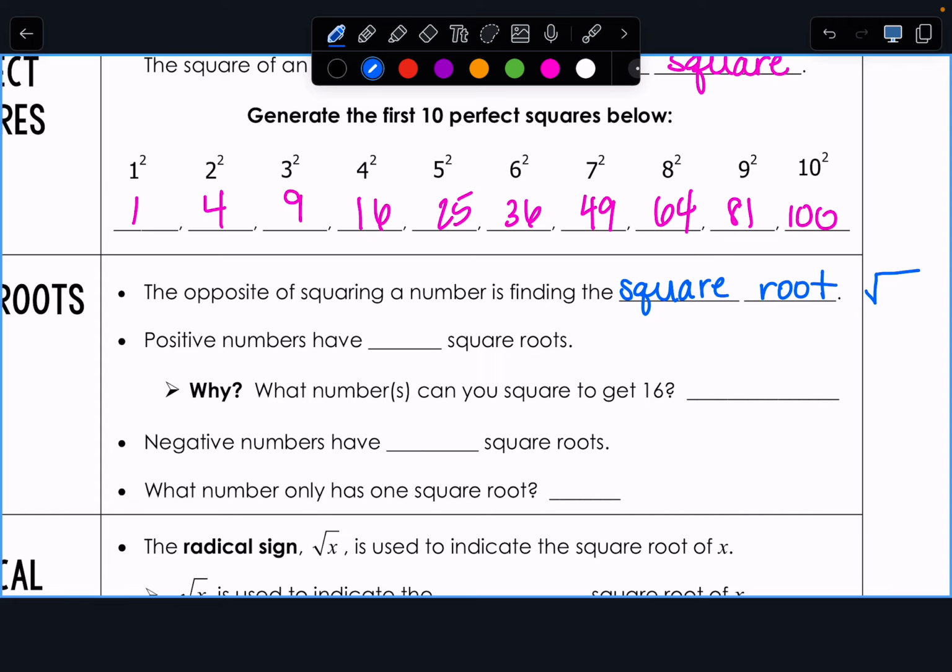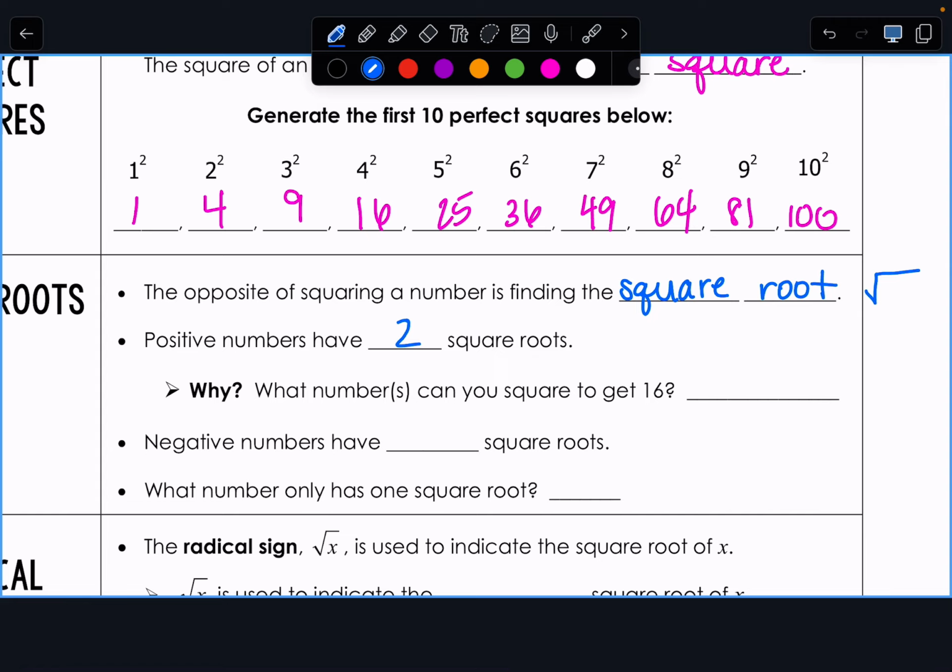So for positive numbers, if we have a positive number, there are actually 2 square roots. Why would a number have 2 different square roots?